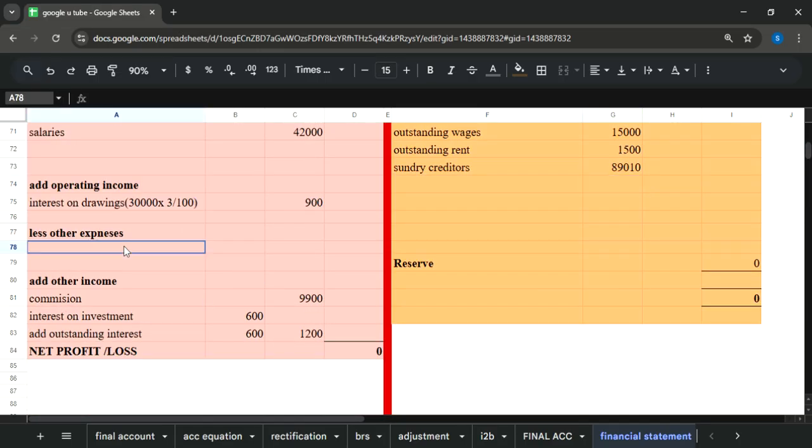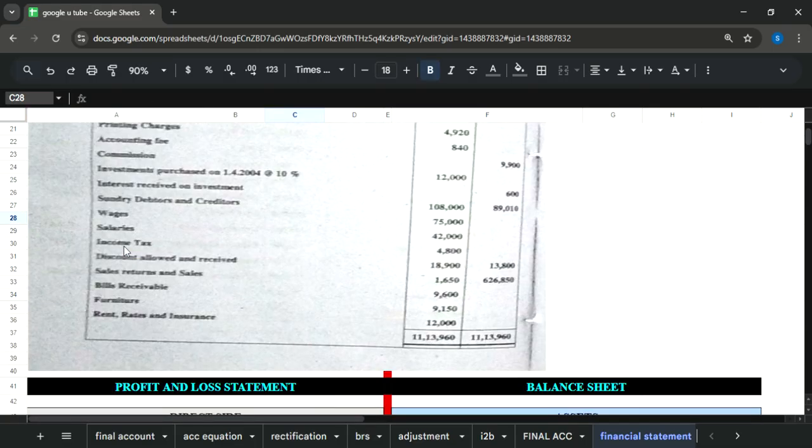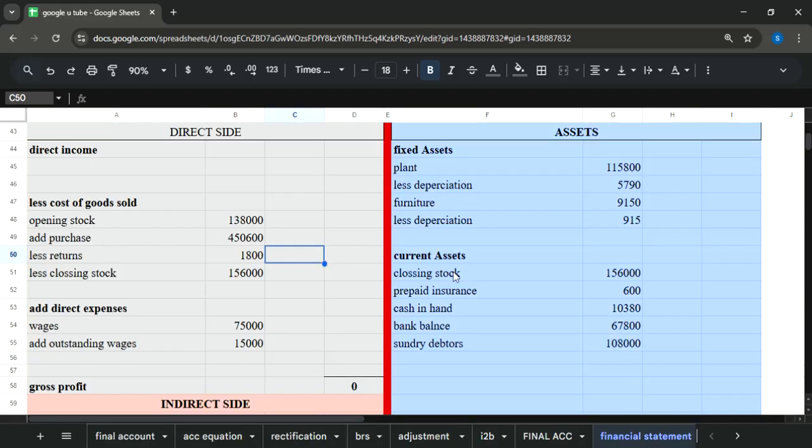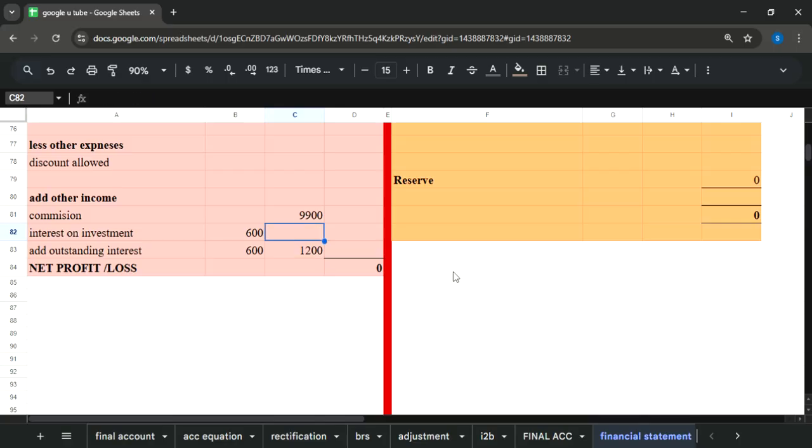Here you will mention discount allowed. Let's see how much amount of discount allowed is. That is 18,900. So just write down 18,900 over here.